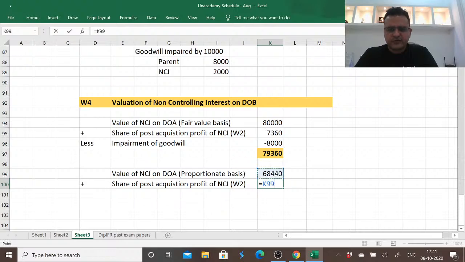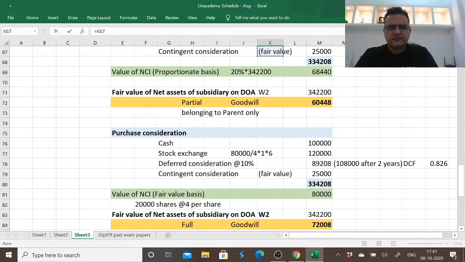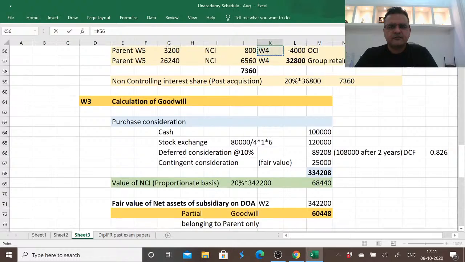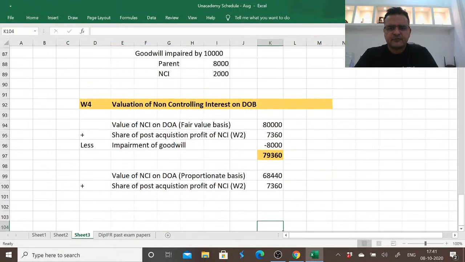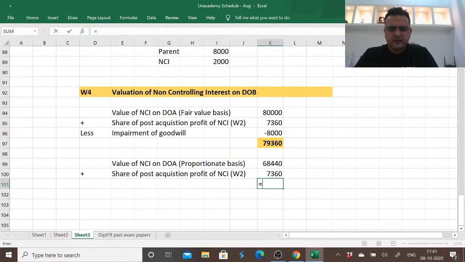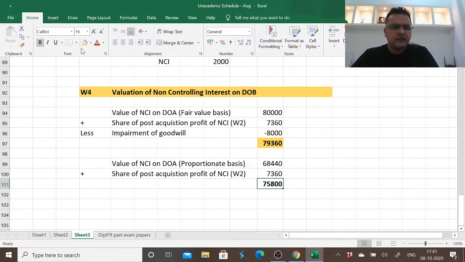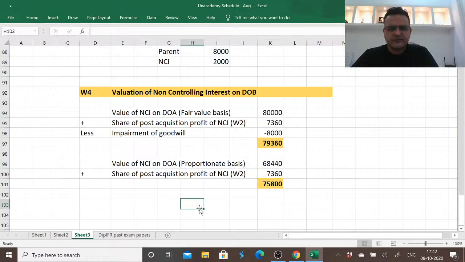Share of post acquisition profits 7360. Impairment of goodwill is not allocated to NCI if NCI is valued on proportionate share of net assets.